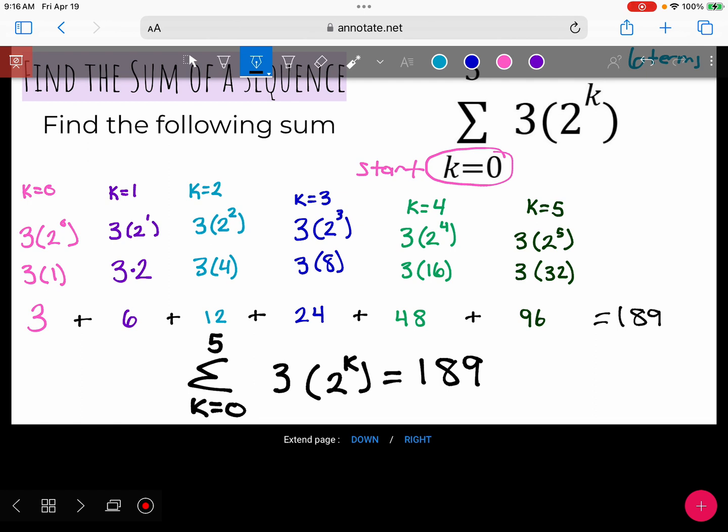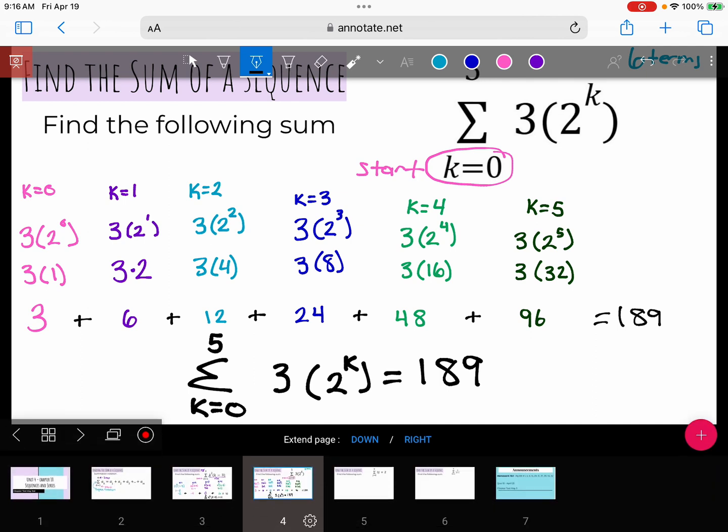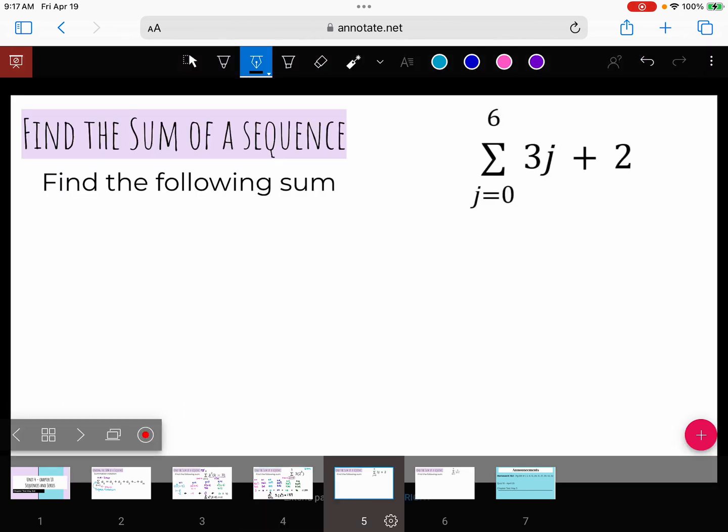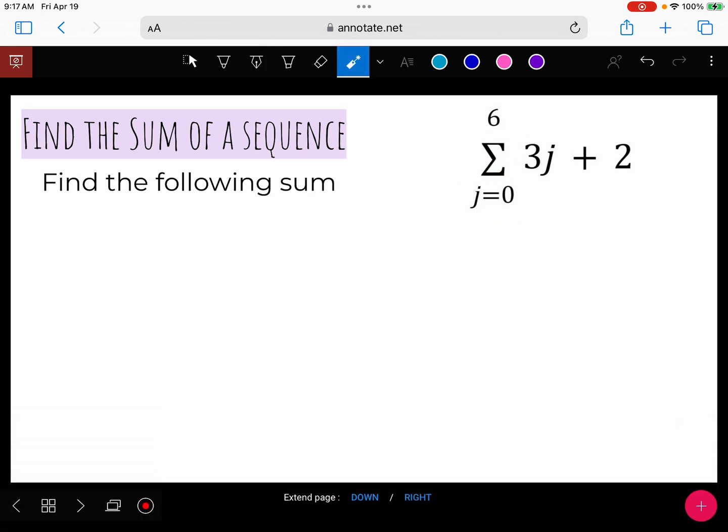Questions of these? Okay. We're going to do a couple more like this. Same vibe. We're going to do the sum from 0 to 6 of 3j plus 2.